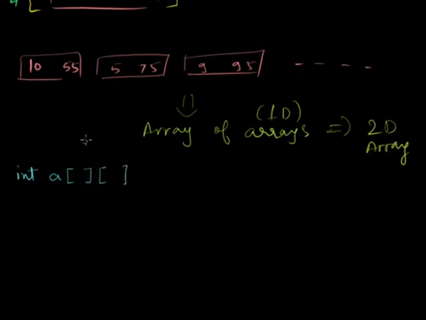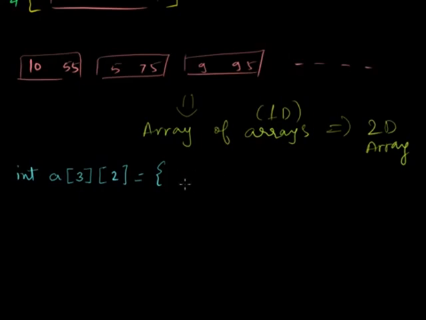Let's say I have 3 rows and 2 columns, right? So similar to 1D arrays, we have the elements. What we've seen before is that a 2D array is nothing but an array of 1D arrays.